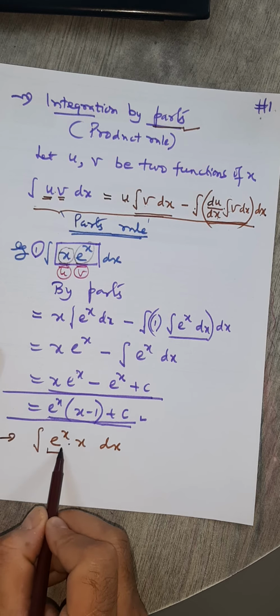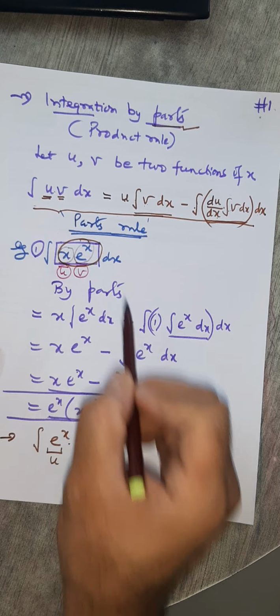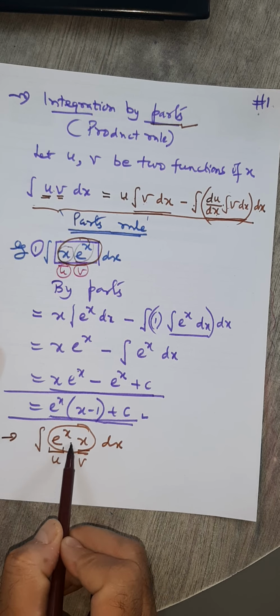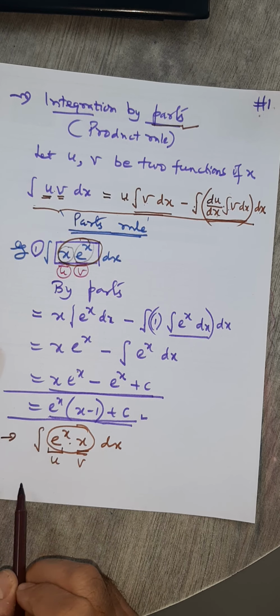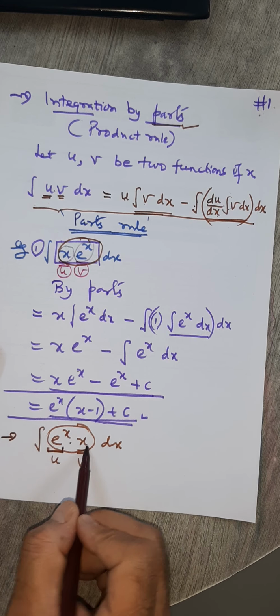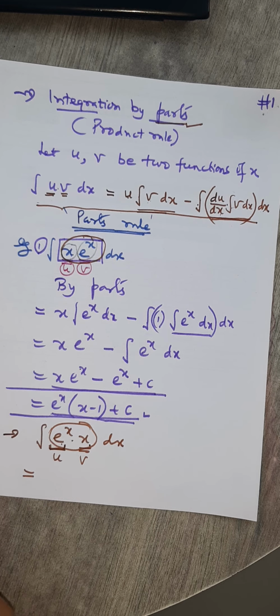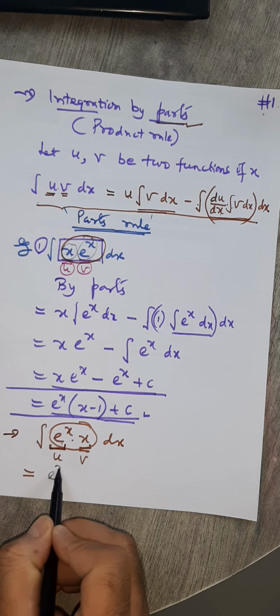Now can we take this as u and this as v? What I did, you know that this is the same as this. Just in the product I have interchanged these two. Can we take this as u and this as v? You can verify, your sum becomes more complicated. See, if I take this as u and this as v, if I use integration by parts, e raised to x outside.